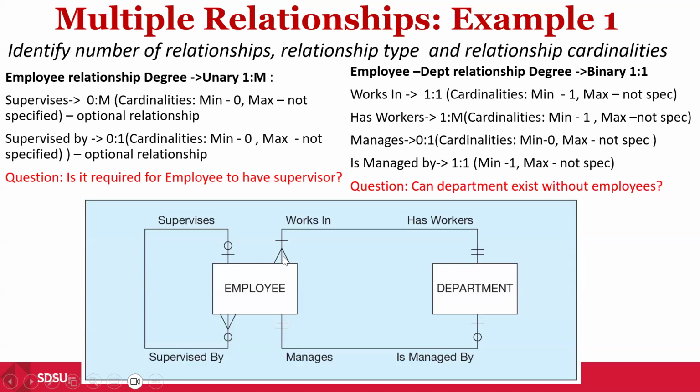And there's no max cardinality for this one, so max cardinality is not specified. Now we have the relationship where an employee works in a department: minimum cardinality is one, and max cardinality is one too. So one employee can only work in one department.